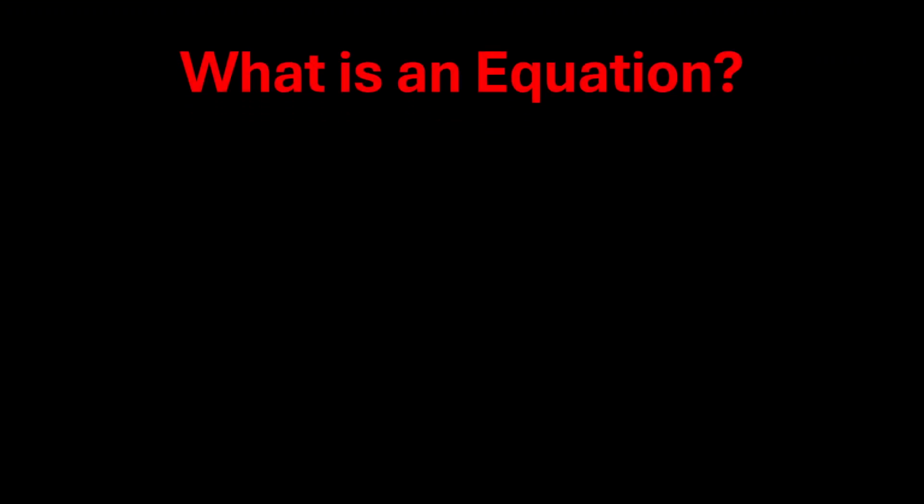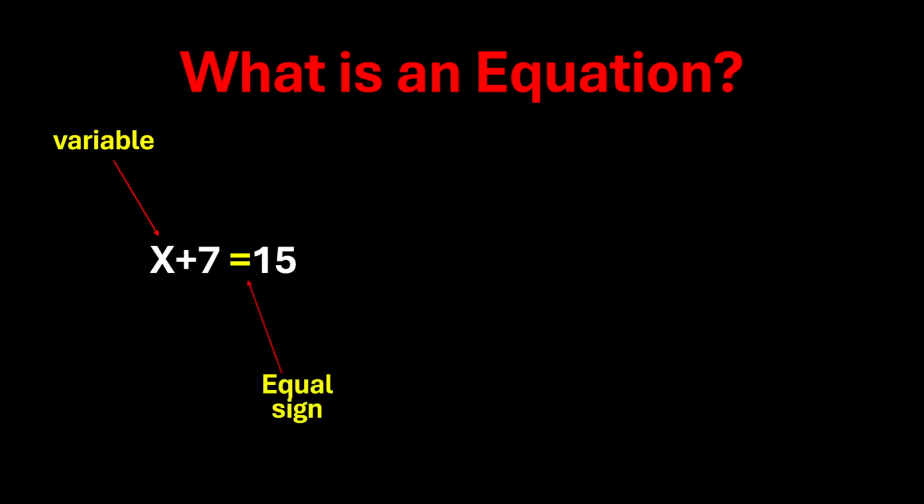First, what is an equation? x plus 7 equals 15 is an equation. An equation is a mathematical sentence with an equal sign and with a variable. So x here is a variable and this is the equal sign. And we have two sides.